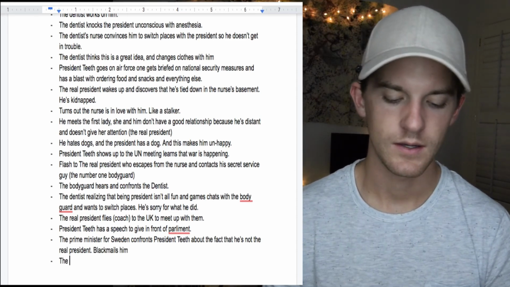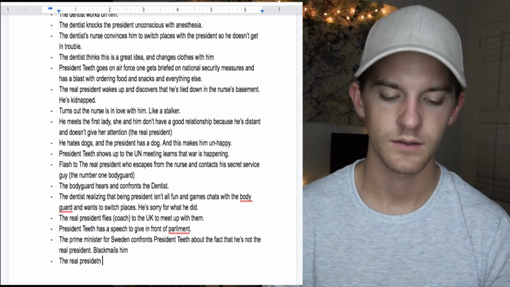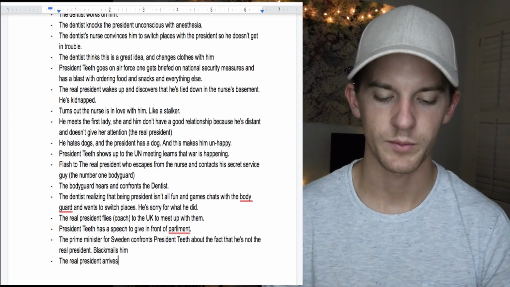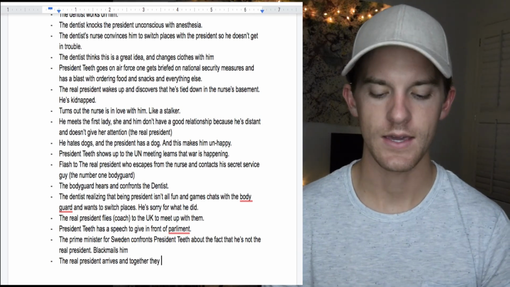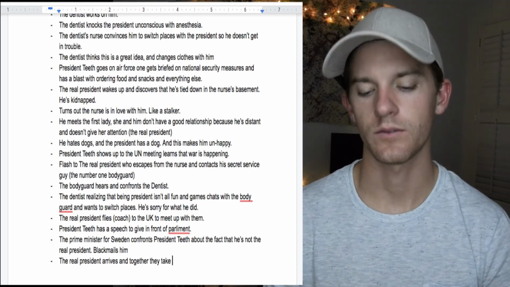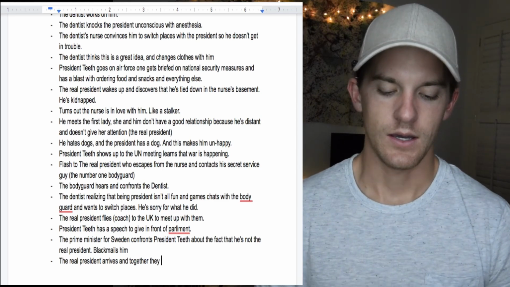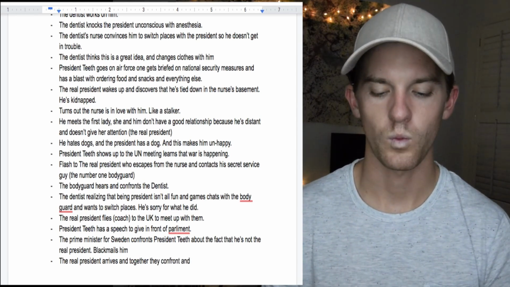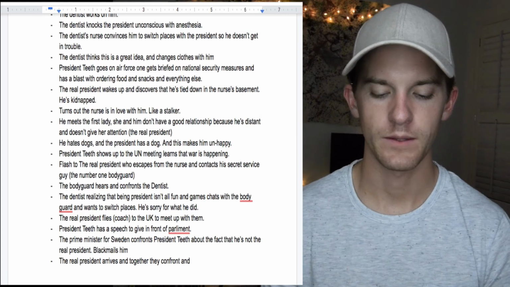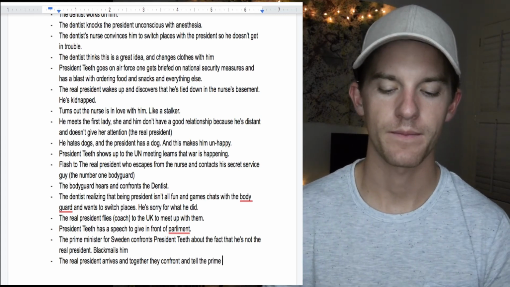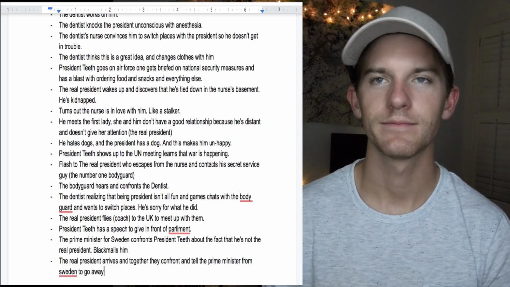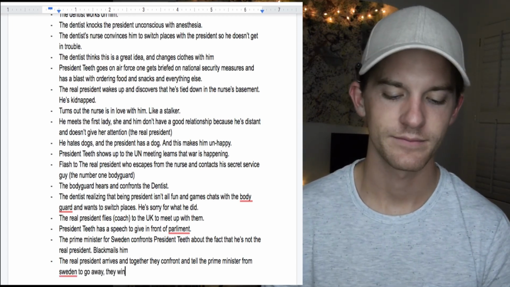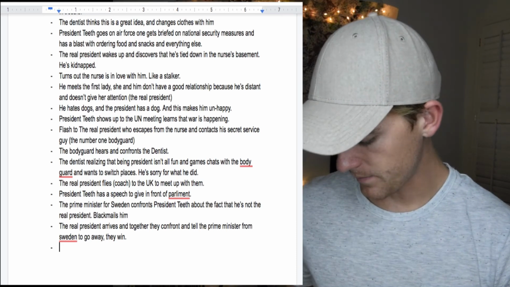The real president arrives, and together they confront and tell the Prime Minister from Sweden to go away. They win, basically.